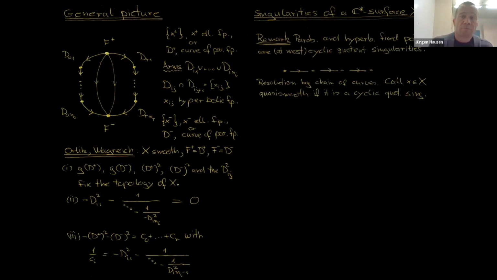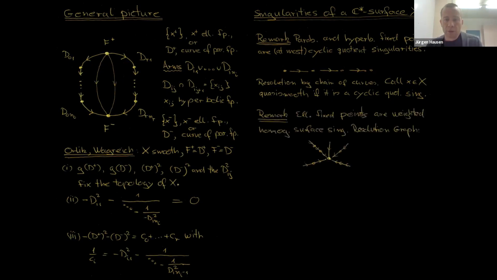That means they are resolved by chains of rational curves. And we call such a point quasi-smooth, that means if it is a cyclic quotient singularity. So hyperbolic and parabolic fixed points are at most cyclic quotient singularities.